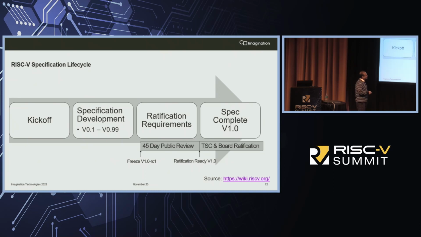Finally, it goes into the public domain for a very thorough review, wherein all the feedback is collected and the required changes are made. And finally, it goes through the technical steering committee and the board for the final ratification, and it gets rolled out for the community, for hardware and software developers to use.